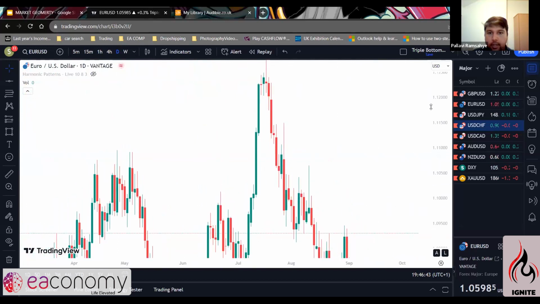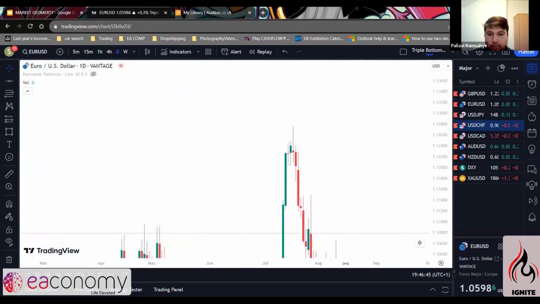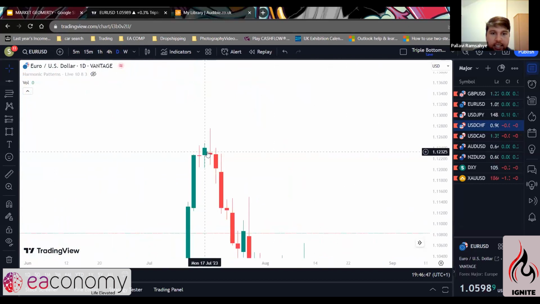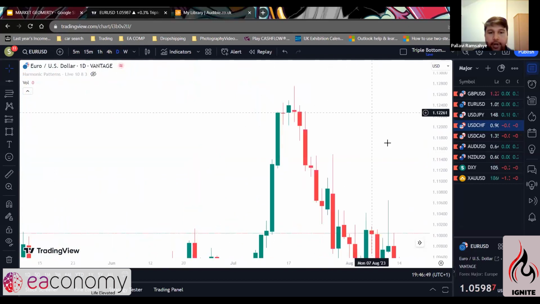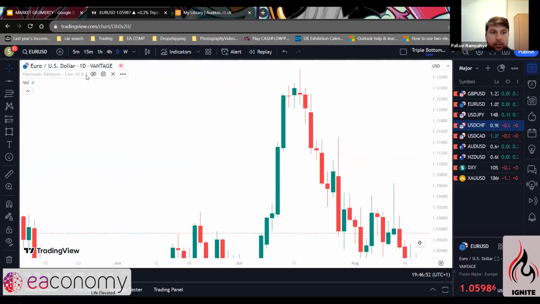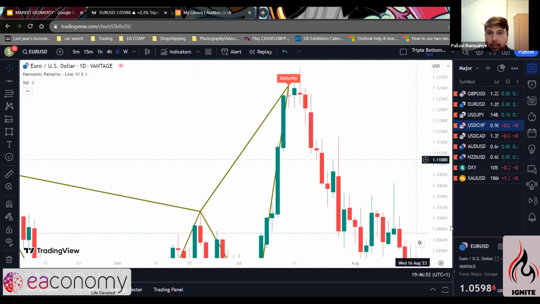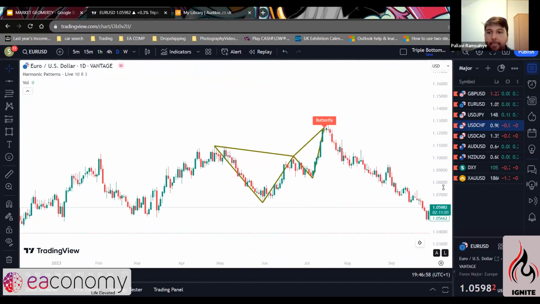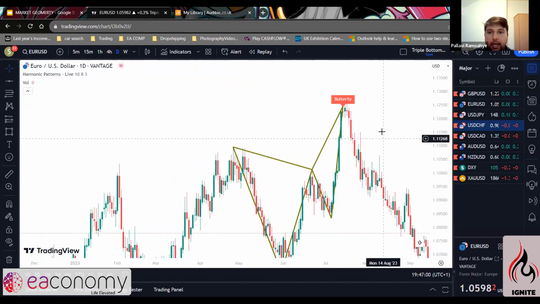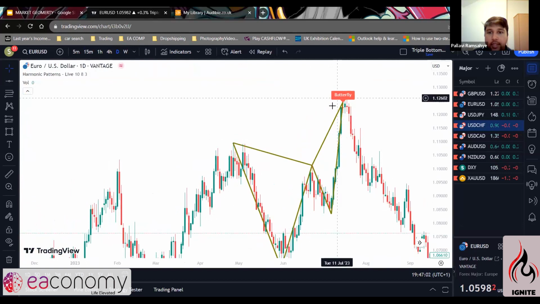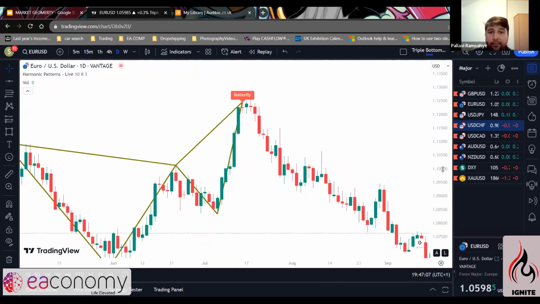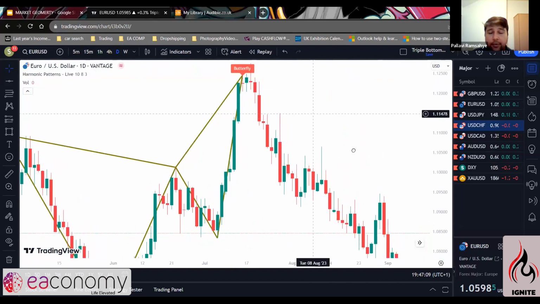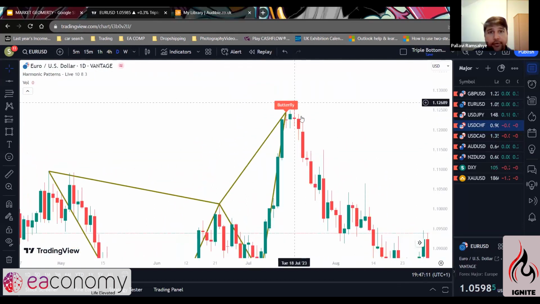I always like to use this point as a good example. As you can see here, there's a very large wick. Let me quickly turn this on. With this pattern, when it formed, it was a good point to look for that reversal pattern, is what I'm trying to say.